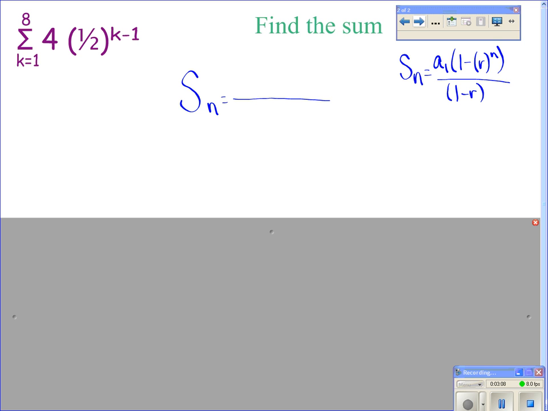What is the first term? How do we find it? How would we find the very first number in this list of numbers? What do these numbers right here mean? Do you remember?